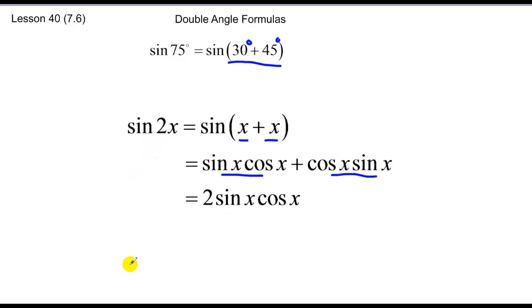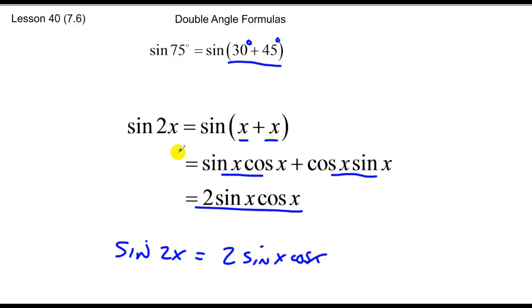So what I really have is the sine of 2x is equal to 2 sine cosine. And that's the double angle identity, or the double angle formula, for the sine of 2x. You're probably going to have to memorize that, or if you know your sum and difference, you can derive it.